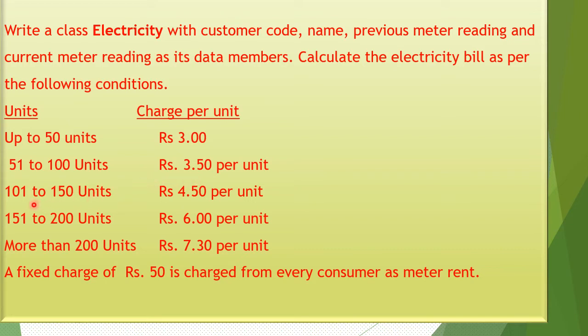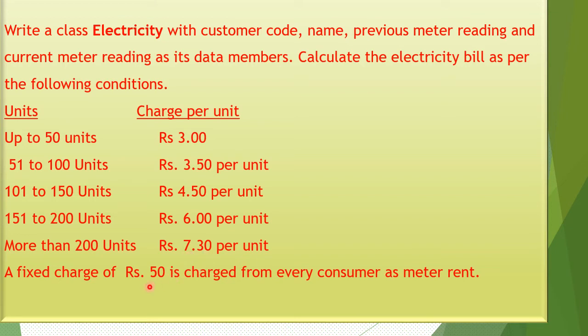For the units from 101 to 150, the charge is rupees 4.50 per unit. And for the units that lie from 151 to 200, the charge per unit is rupees 6. And for the units that exceed 200, the charge is rupees 7 per unit.